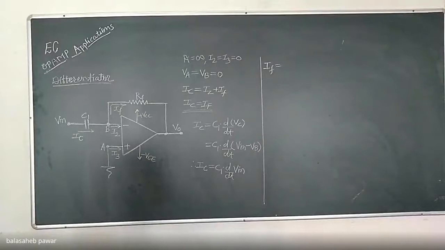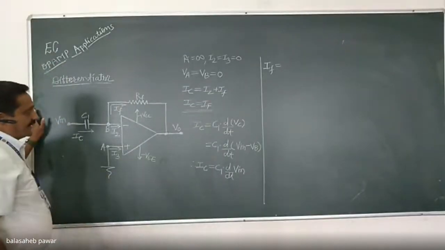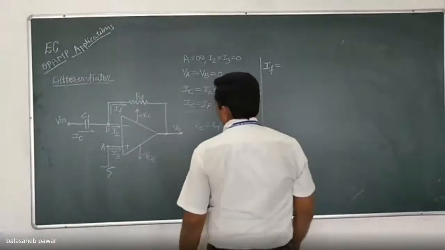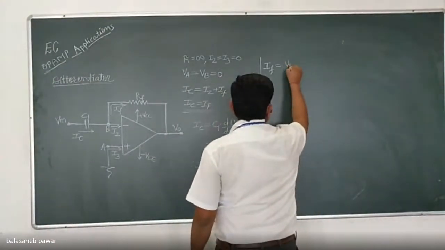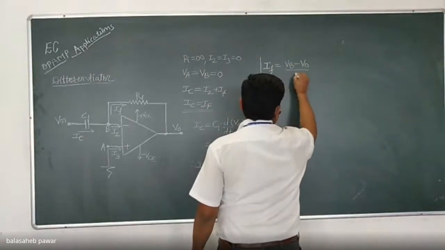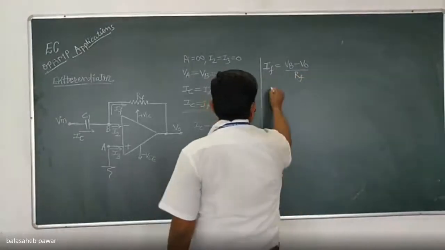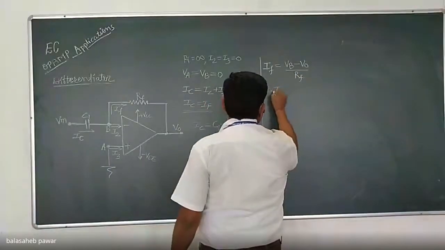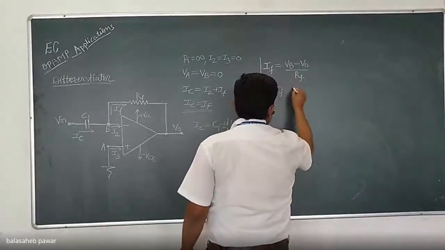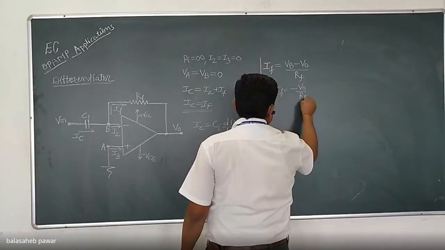Looking at the circuit diagram, again it is the potential difference across resistor RF divided by the resistance of that resistor. So IF equals VB minus VO divided by RF. Therefore, as VB is 0, IF equals minus VO by RF.